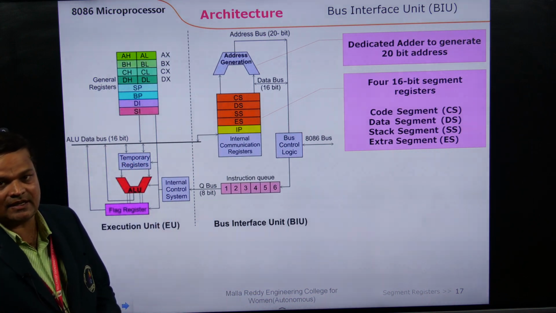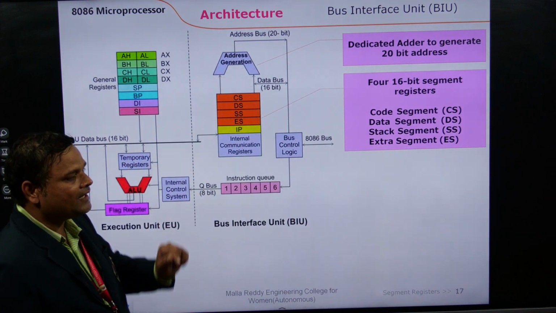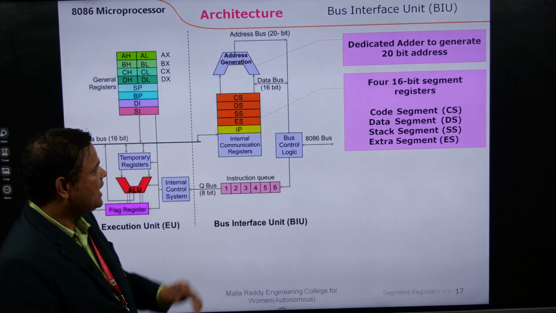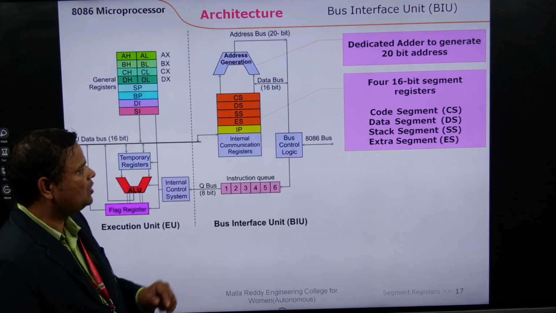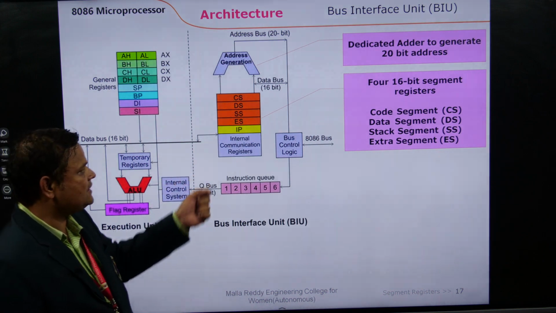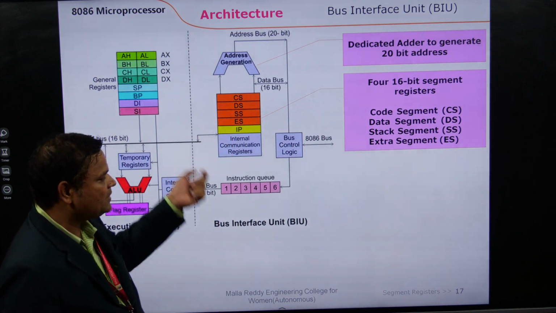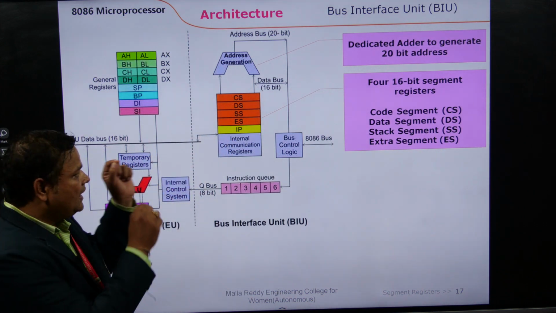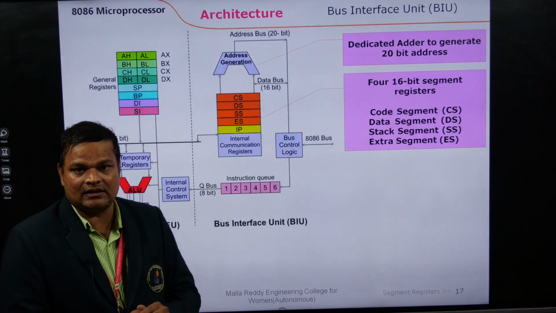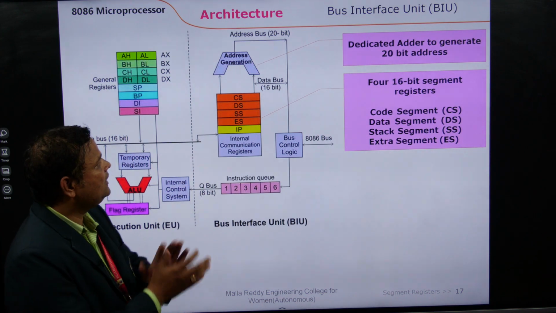The function of each segment is different, and each handles a dedicated function. Apart from these 4 segments, we have one more register here, the instruction pointer. The code segment, data segment, stack segment and extra segment are 16-bit registers, and they hold the starting address of the respective segment in the given memory.